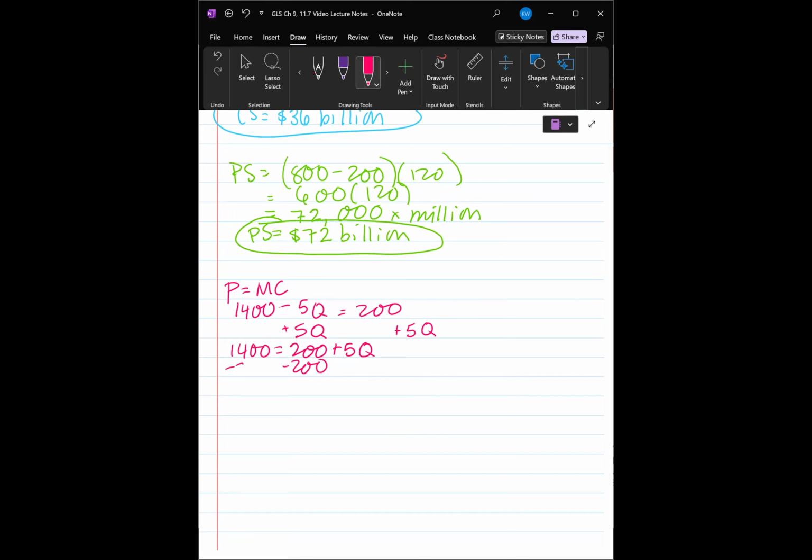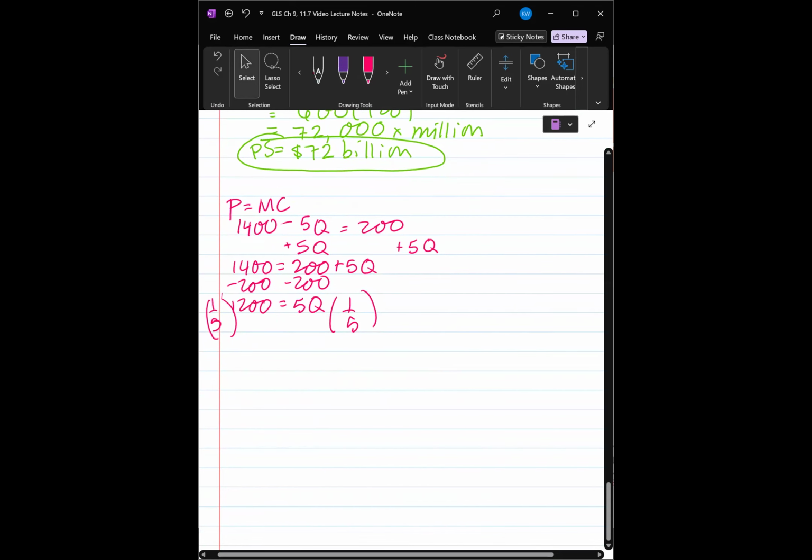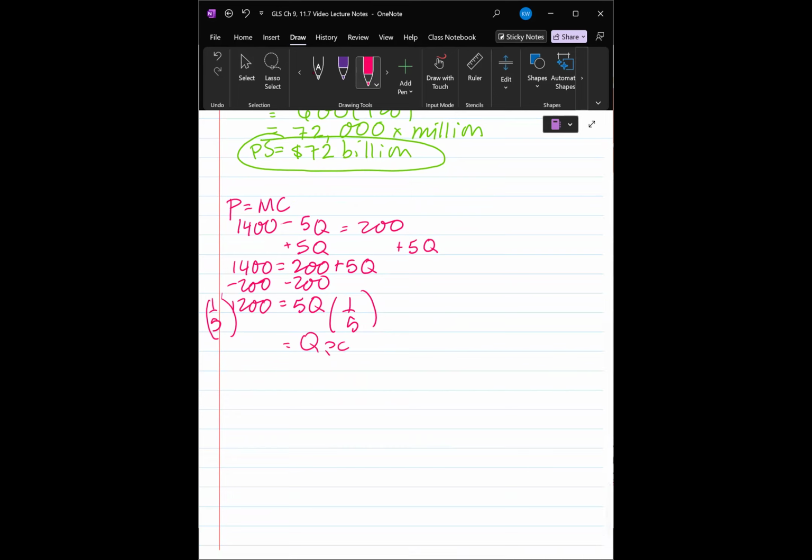Then we'll subtract 200 from both sides. That gives us 1,200 equal to 5 times Q. And then our last step here is to divide both sides by 5. Okay, so that gives us quantity under perfect competition. There we go. It is going to be equal to 240 million.